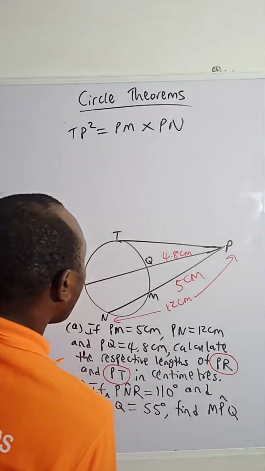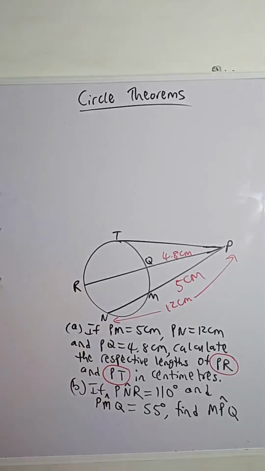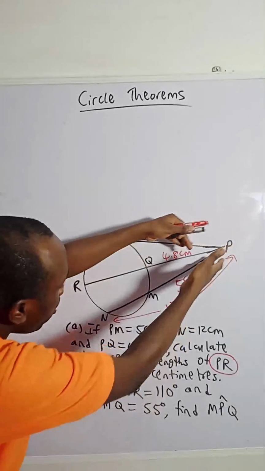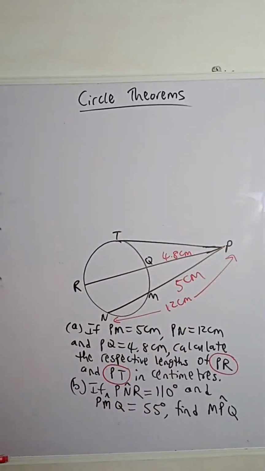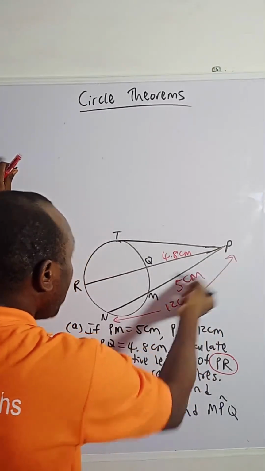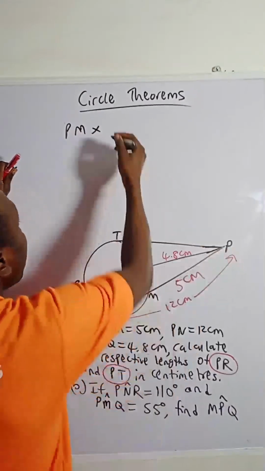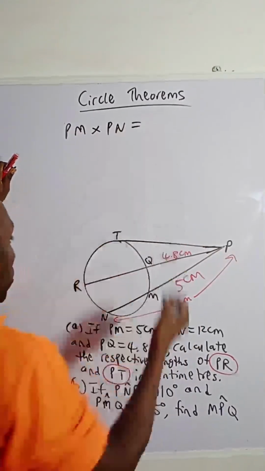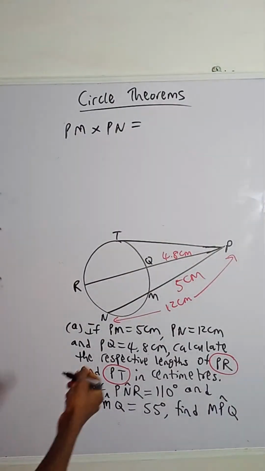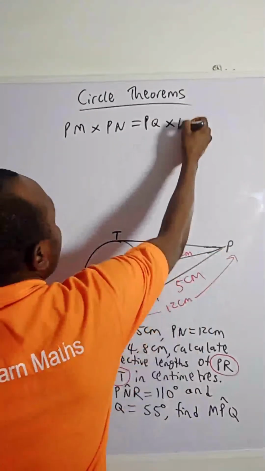Okay, you know what's going to happen? I want us to get, let's work this one first. Let's work with the two secants first. All right? So I will have what? PM times PN is equal to what? PQ times PR.